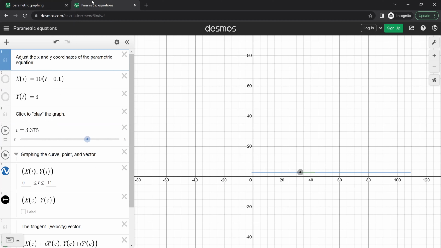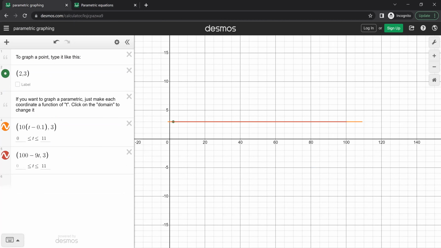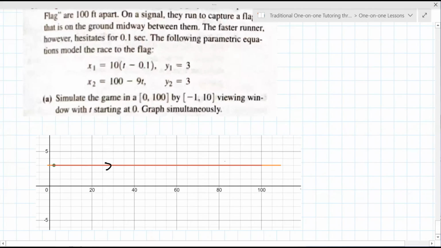So what I would do is show this, but show that the arrows are going towards each other, one going each direction. I'll snip that in.